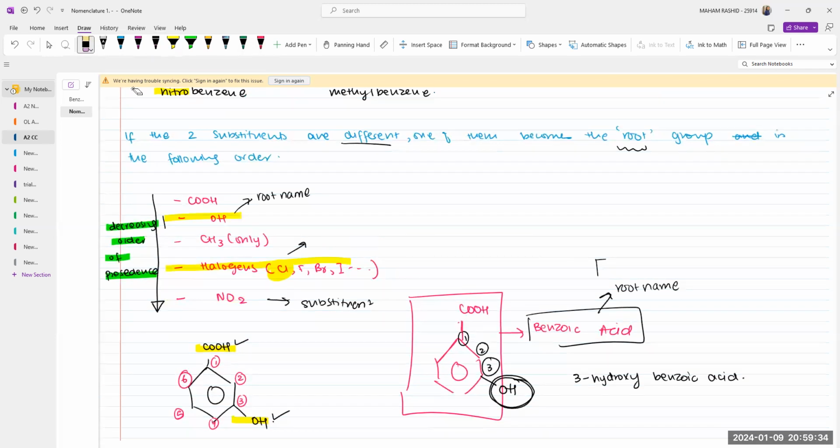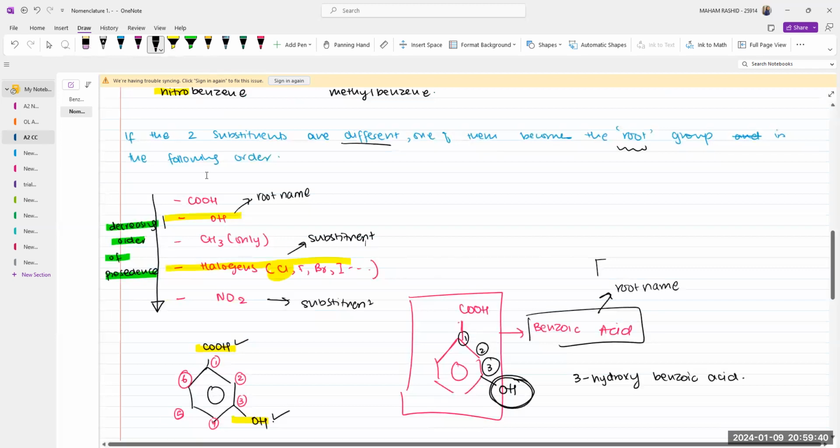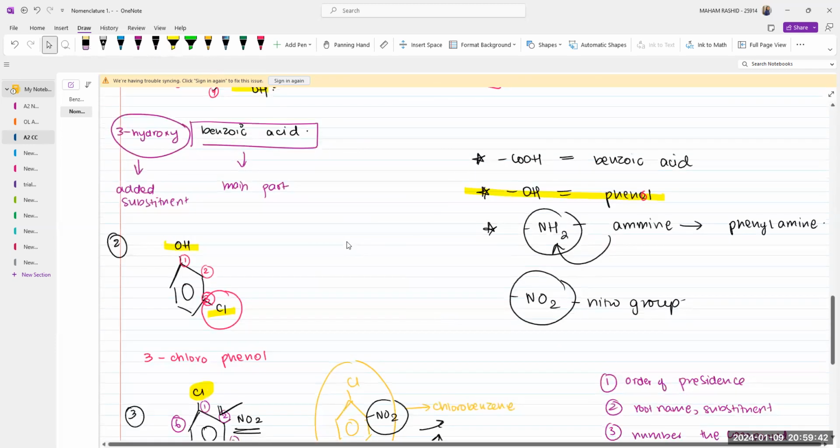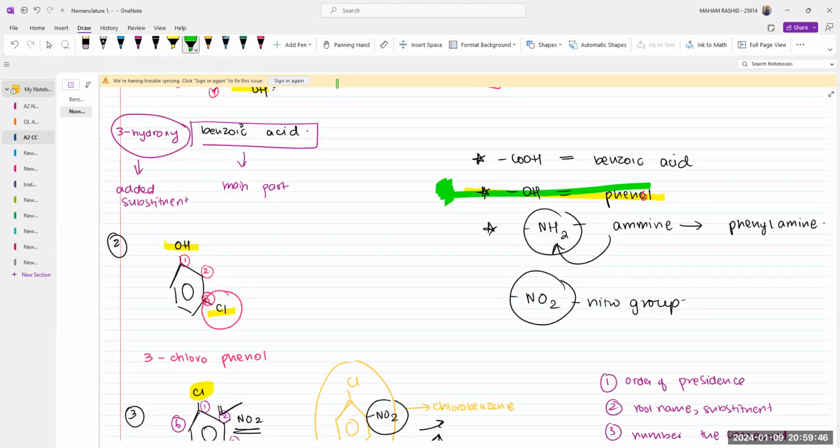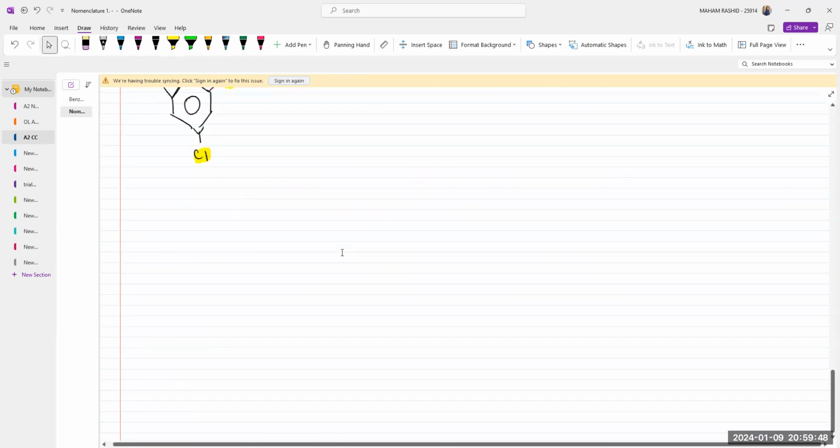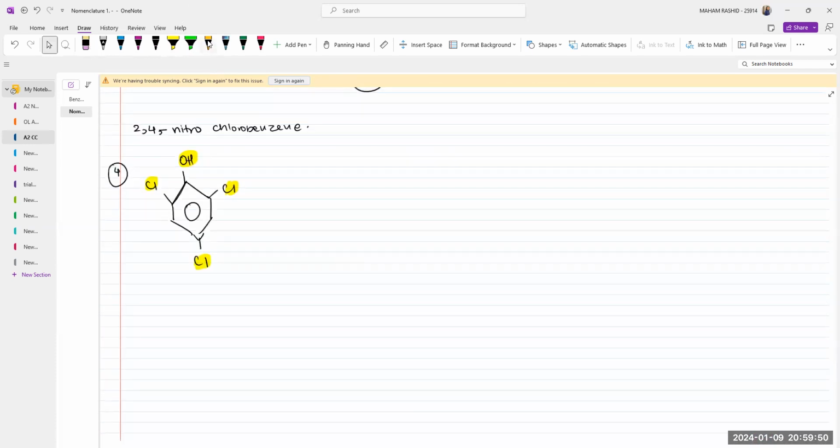And my chlorine here will be the substituent. And OH as the root name is called phenol. So my root name, meaning that if I just had this compound, I would have named it as phenol.